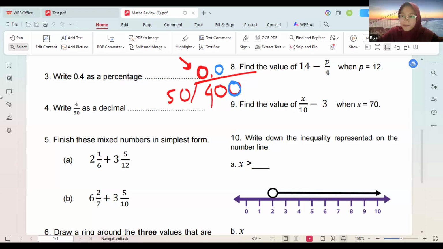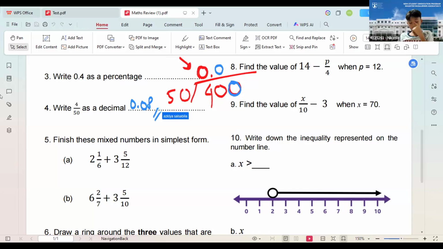It's like that, okay? So 400 divided by 50 is 0.08. Okay, get it? Don't forget, Jay.